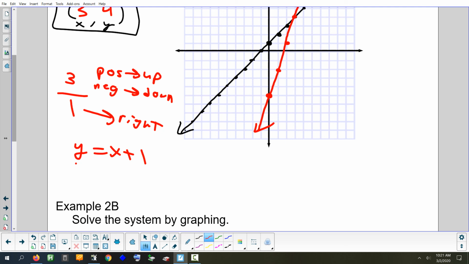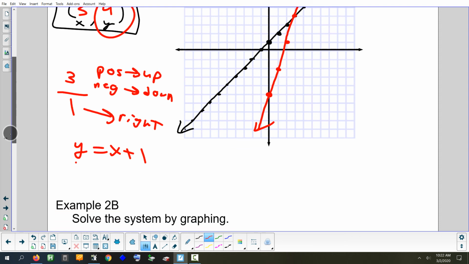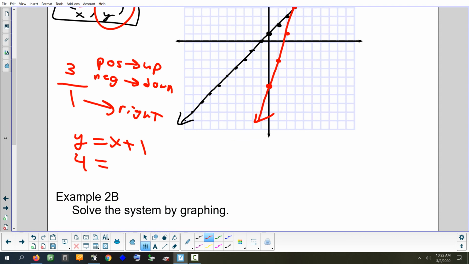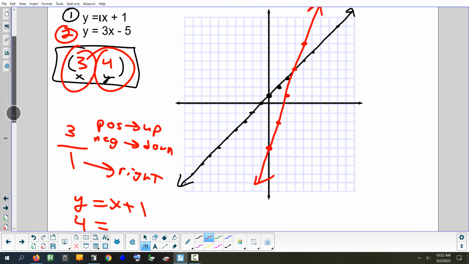What did we get for the y value of the answer, like when they intersect? 3 and 4. So what's the y value? So we wrote down earlier right here. The y value was 4. So we're going to fill in 4. Blake, what did we get for the x value? 3. We already wrote that right there. So x is 3.